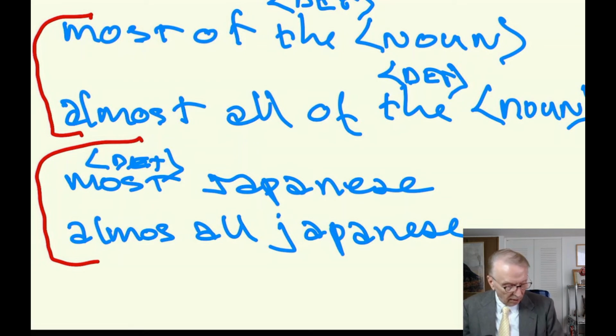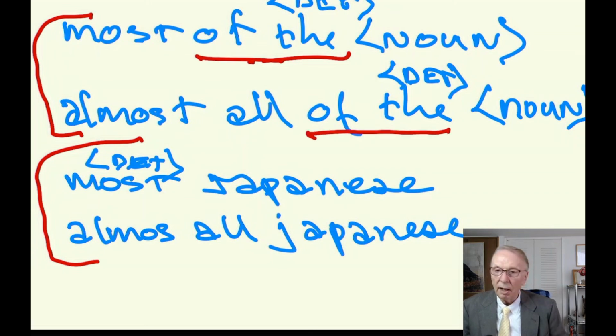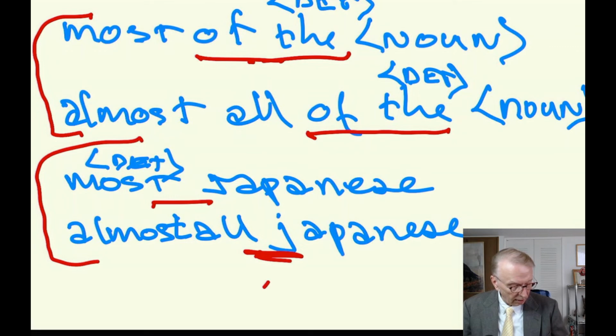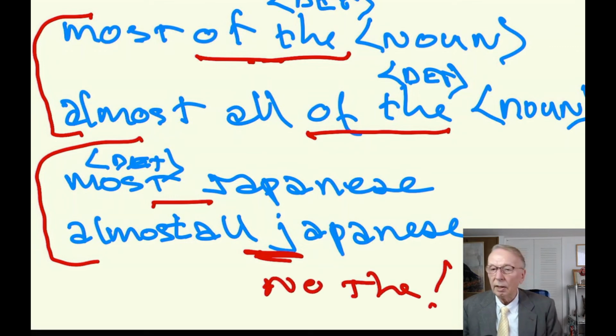Most of the and almost all of the are similar. And most something, and I misspelled almost, sorry about that. Most Japanese will be almost all Japanese. No the. All right?